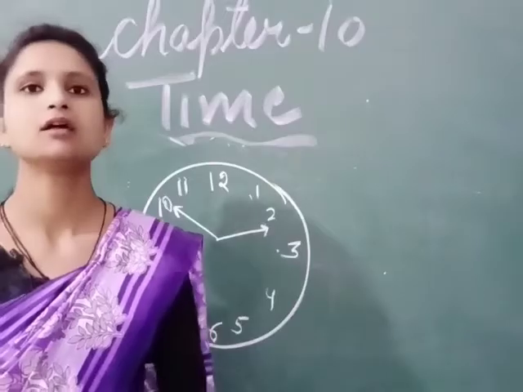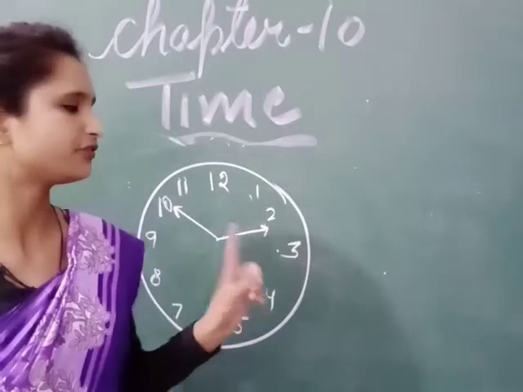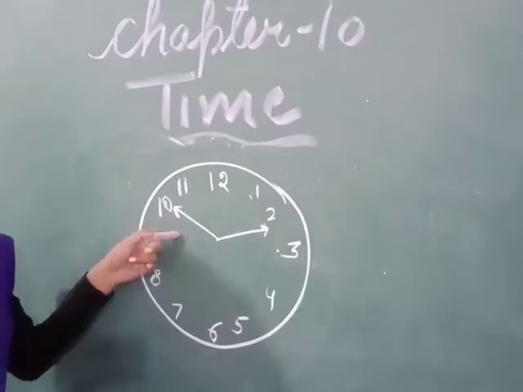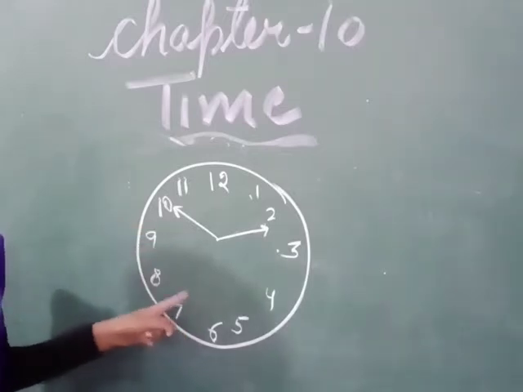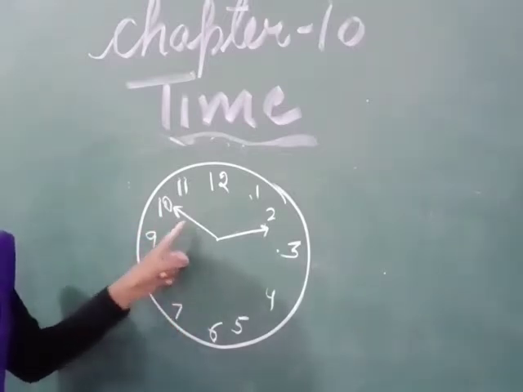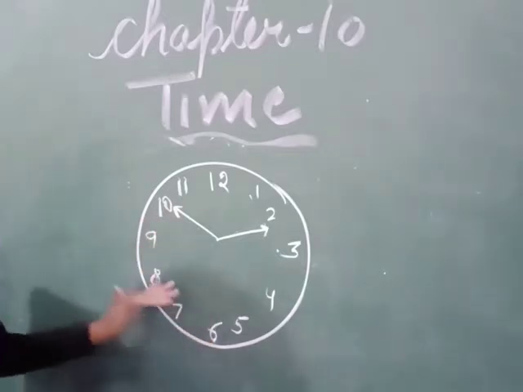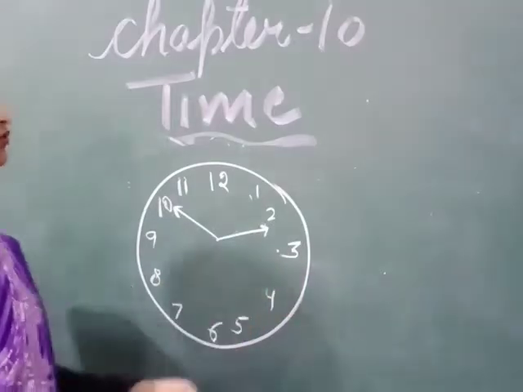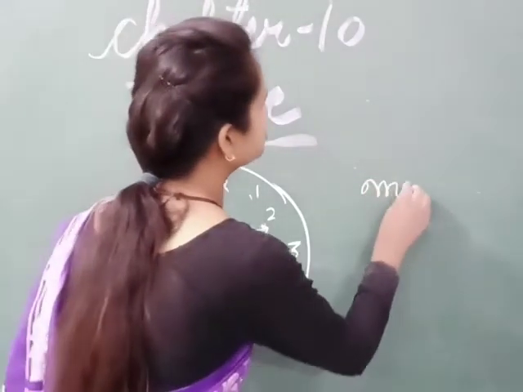Now 25 minutes past 8. Okay, now according to the second point, if the minute hand will be after 6, this is the minute hand here, so if it will be after 6, we have to use minutes to.